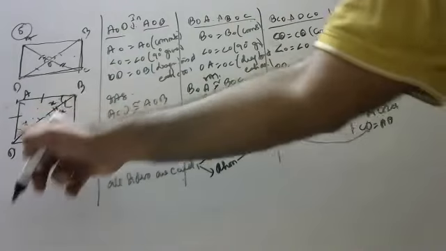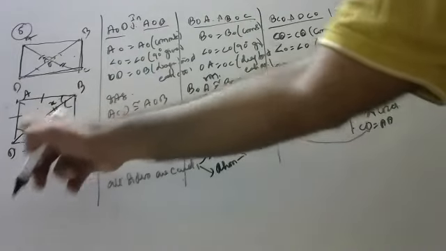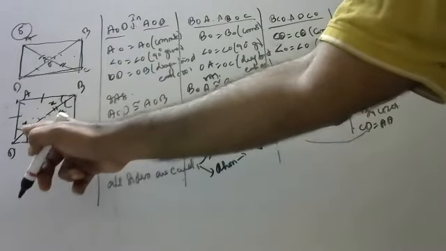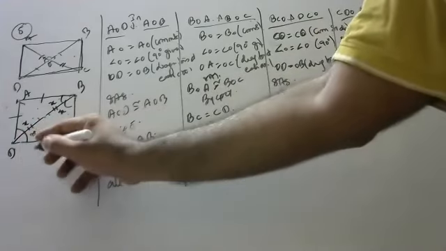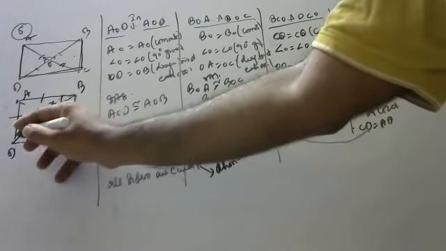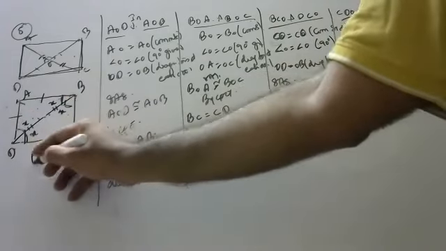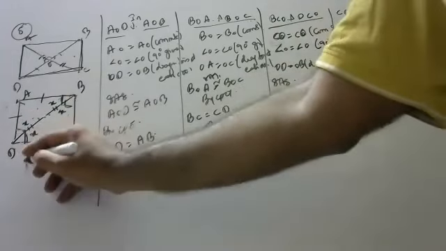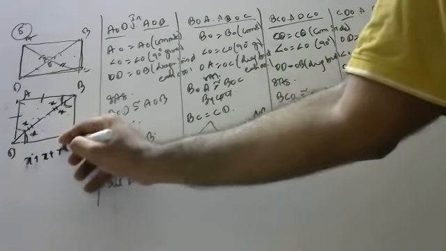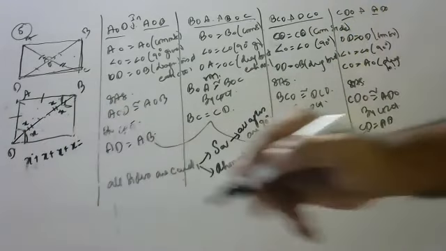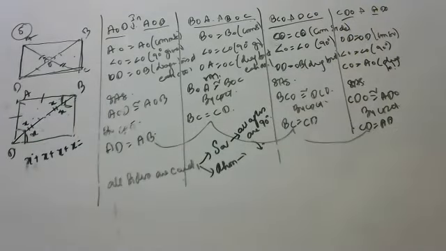These opposite angles are equal. So if opposite angles are equal, x plus x plus x plus x, okay, opposite angles are just equal, children, but they are not supplementary.